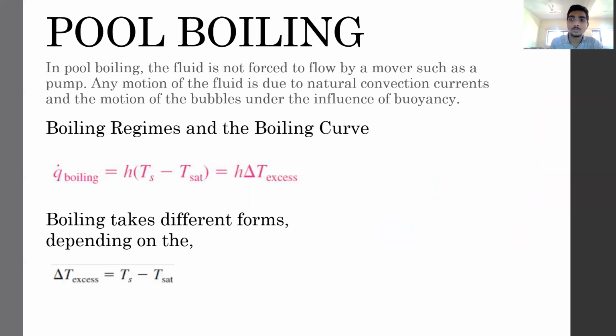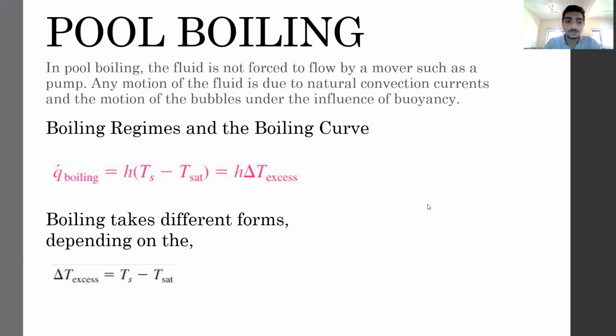So let's move ahead. This is pool boiling. In pool boiling, the fluid is not forced to flow by a mover such as a pump. Any motion of the fluid is due to natural convection currents and the motion of the bubbles under the influence of buoyancy. Now, boiling regimes and the boiling curve.